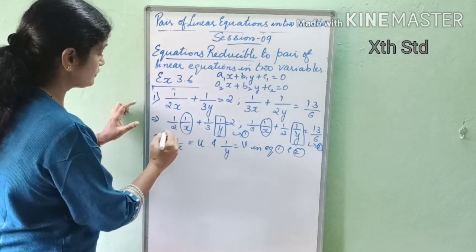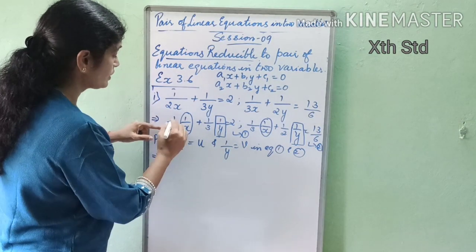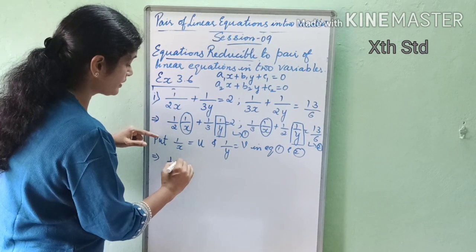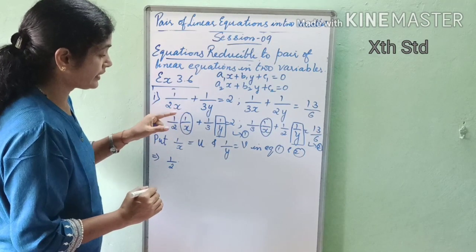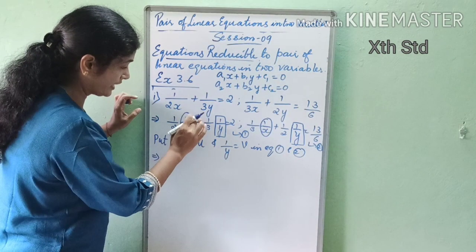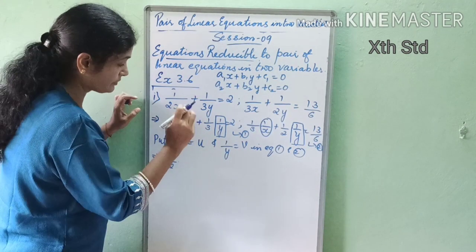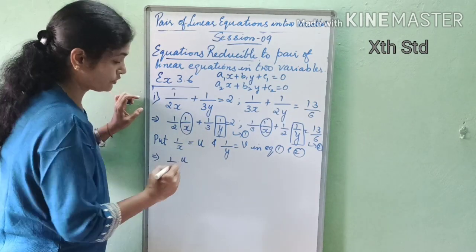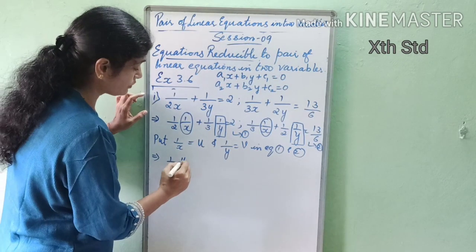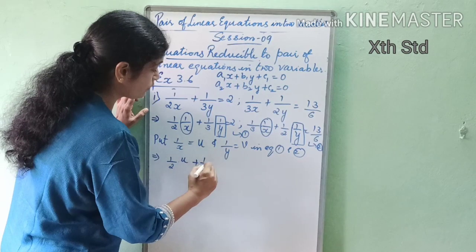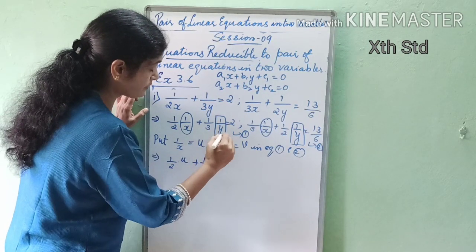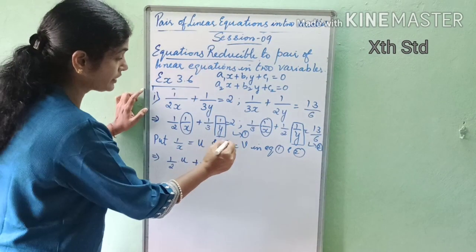Fine. If we put them, then it implies 1 by 2 as it is, and instead of the entire 1 by x we put u. So 1 by 2 into u, plus 1 by 3 into, in place of 1 by y we are putting v.